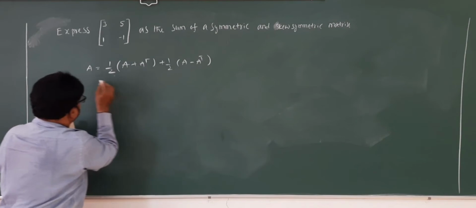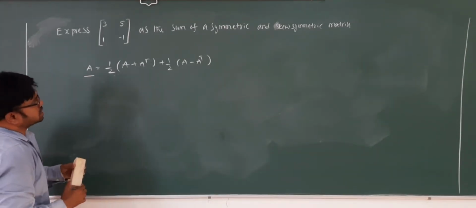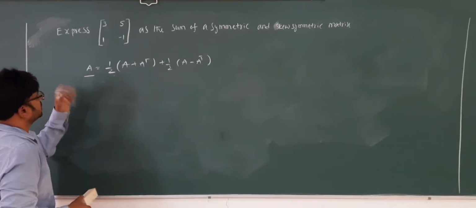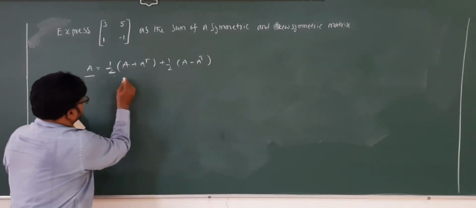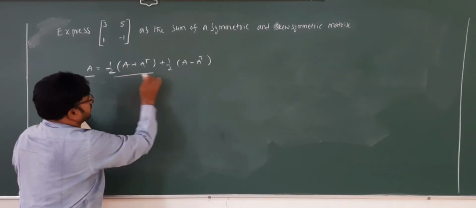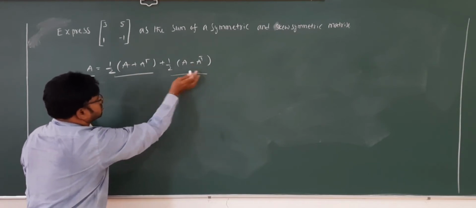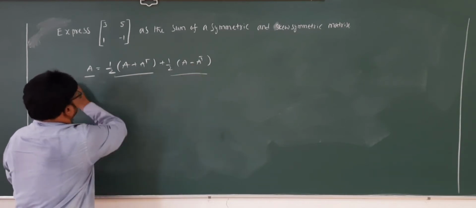Then again we get the same matrix. This type of expression is called a sum of symmetric and skew symmetric matrix; the first term is the symmetric matrix and the second is the skew symmetric matrix.